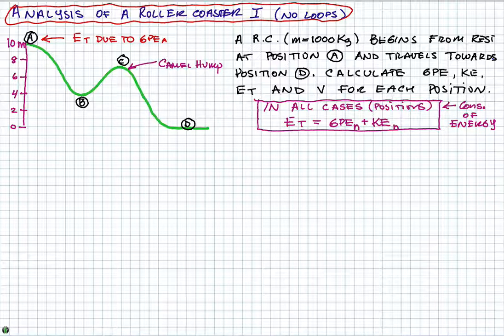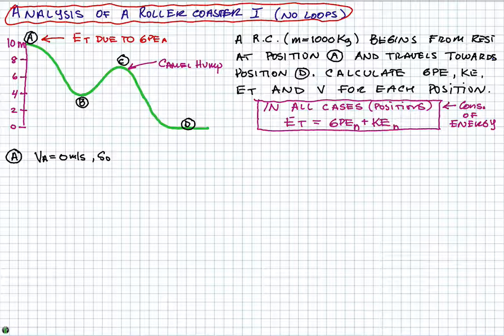Okay, so let's start solving this problem. We have 4 sets of calculations that we have to do. So let's begin with position A. And what do we know about position A? Well, we know that the velocity at A is equal to 0 meters per second.